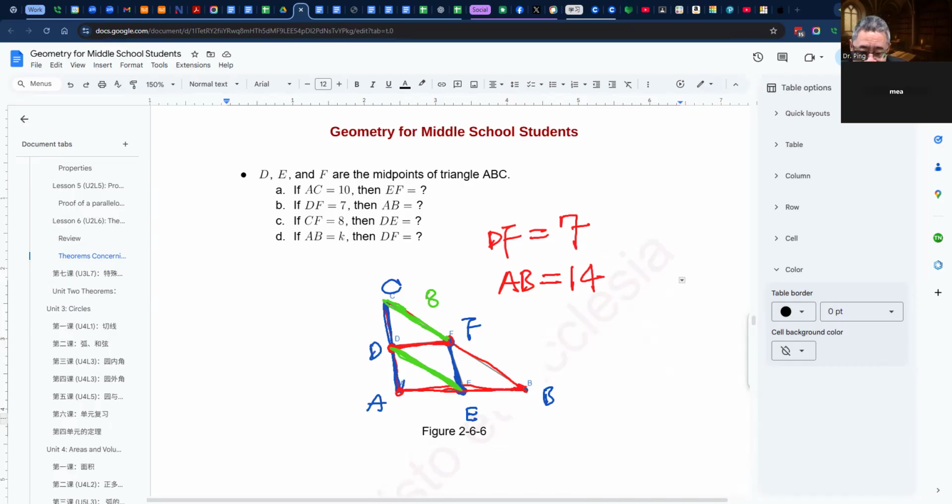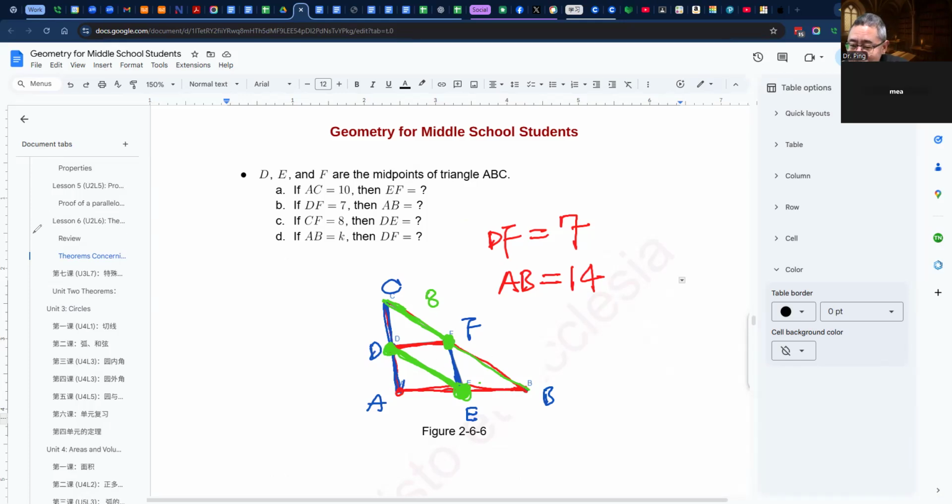Well, you can see that D and E are midpoints, and also F is a midpoint. Right, because DB is half of CB and CF is also half of CB, so they are equal.